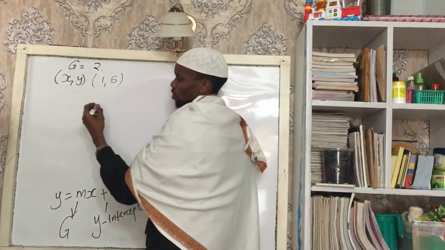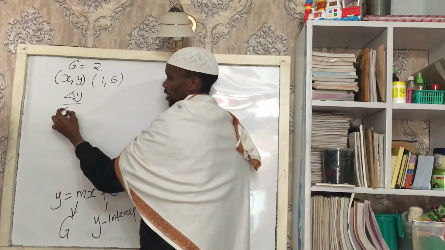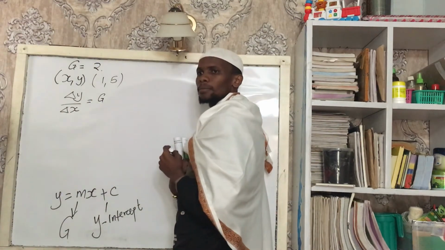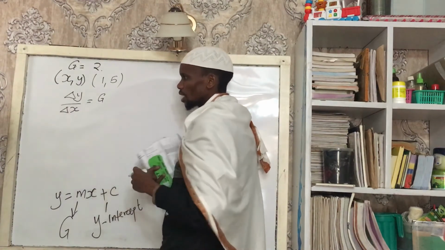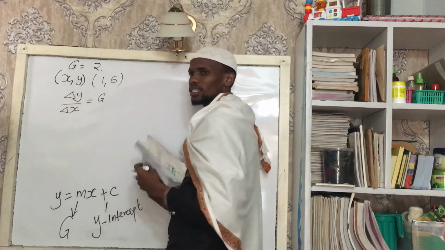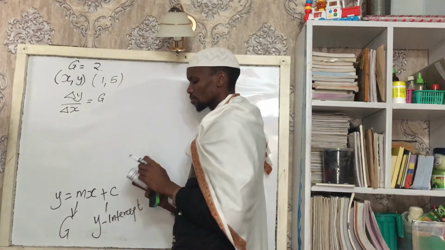Let's work it out. So I will say change in y all over change in x is equals to the gradient. Are we together? Yeah. So what will be our change in y? Our initial point was 1, 5. Now we have x, y as the second point, right? So what will be my equation?